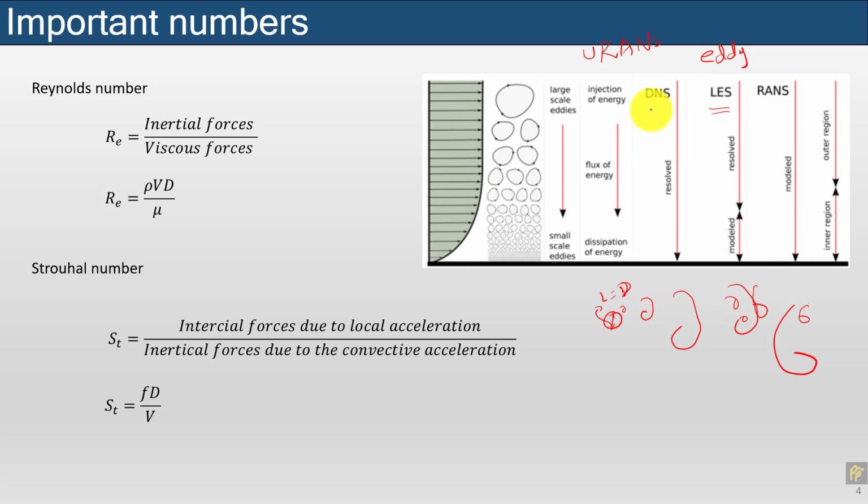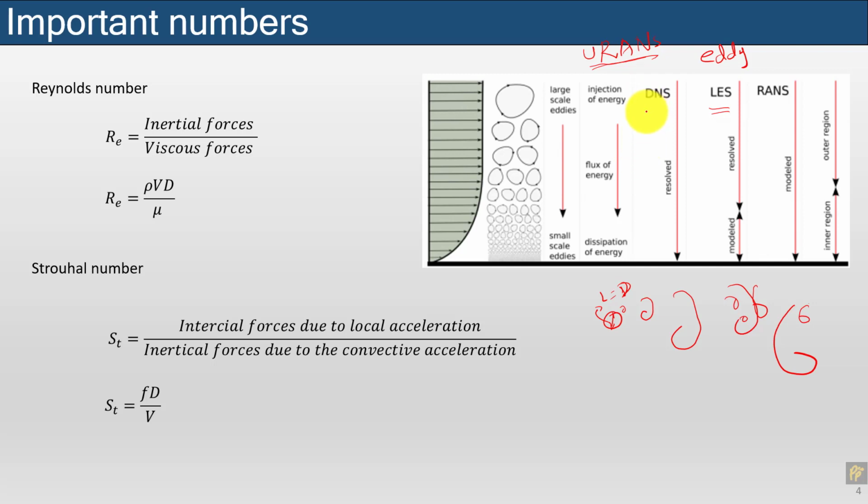If you go with direct numerical simulation, it will resolve all the eddies. Resolve means that we are solving, and model means that we are modeling with some equations. So in the case of URANS, we are modeling everything for the turbulent flow, but we are only solving the one major eddy. Okay, so now I think you know about this difference.